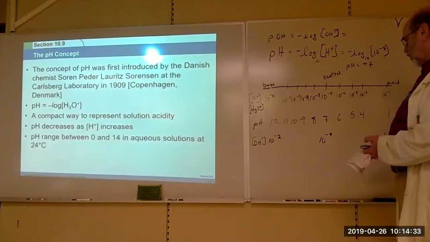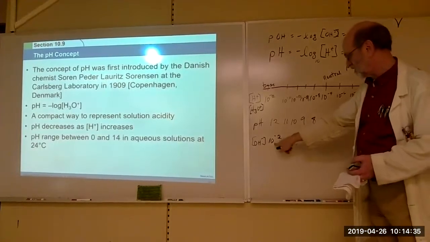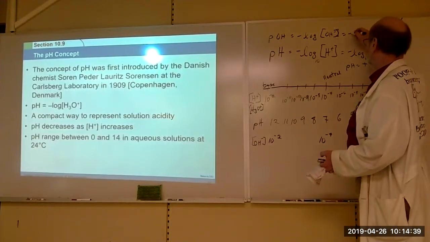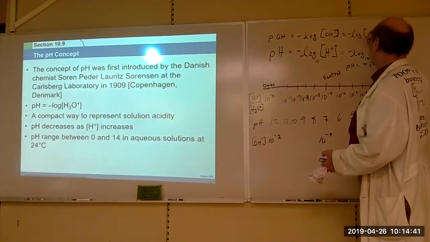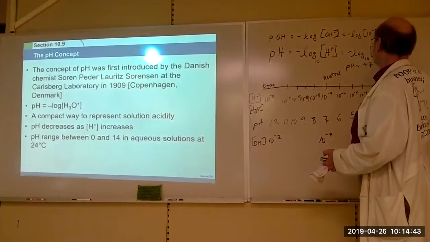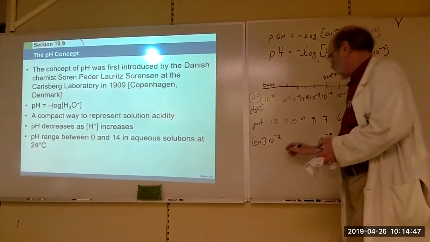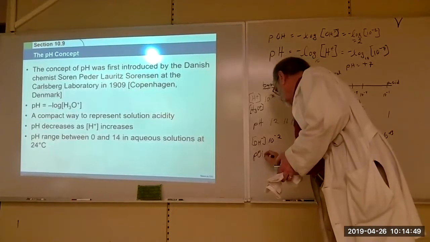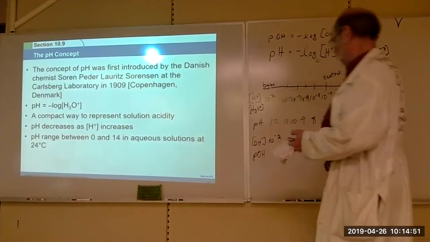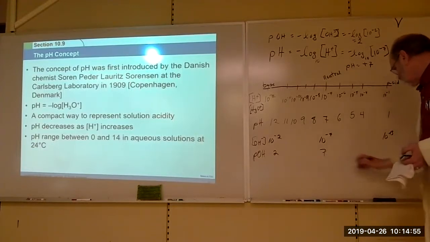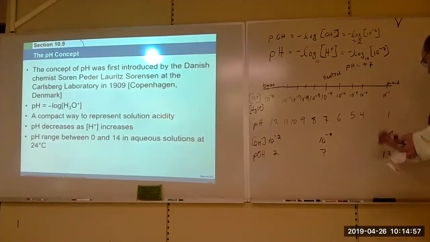So if we did that for, let's say this one, 10 to the minus 2, negative log 10 to the minus 2 equals 2. So the pOH here is 2. And here is 7. And here is 13. Okay?